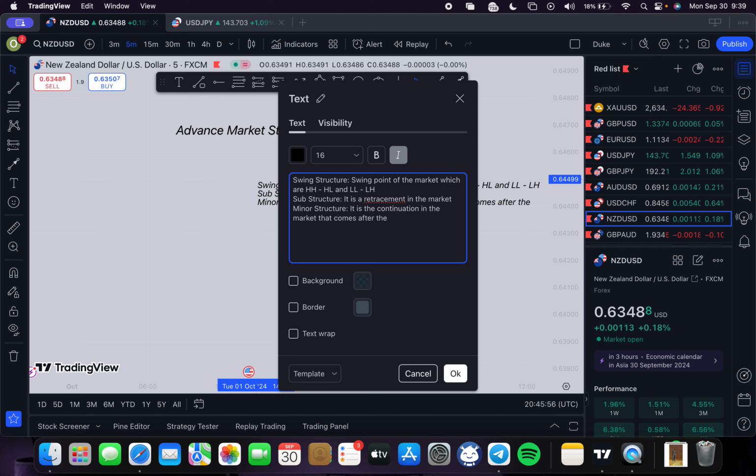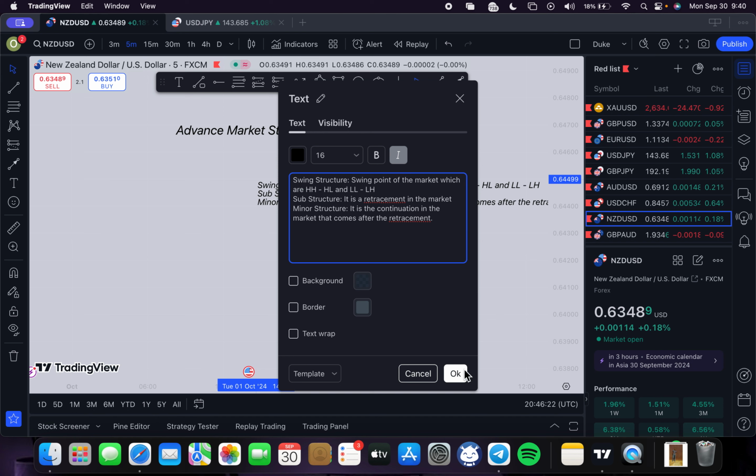That comes after the retracement. Then this comes, okay, this is a retracement in the market. Alright.